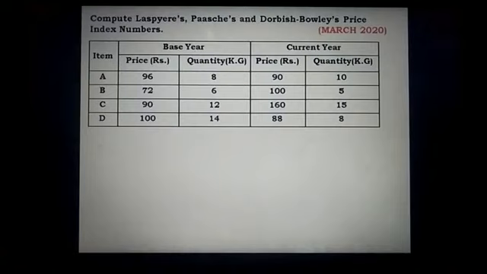Only one thing you remember, students: if you execute all the required numerical calculations properly, and by reading the question properly, whether price index numbers are to be calculated or index numbers on a quantity basis, if you are clear with those and execute accordingly, it's very simple to get 10 marks.